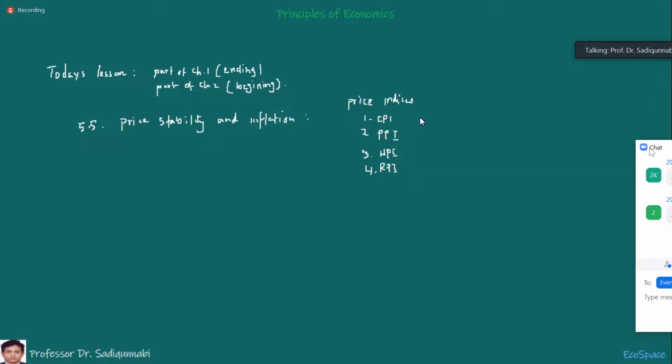Number five could be Import Price Index, MPI. Number six could be Export Price Index, XPI or EPI maybe.